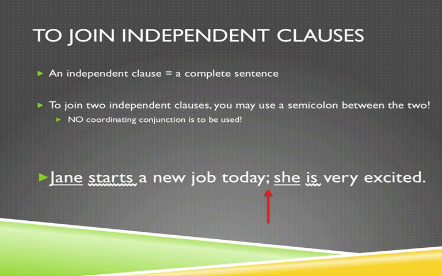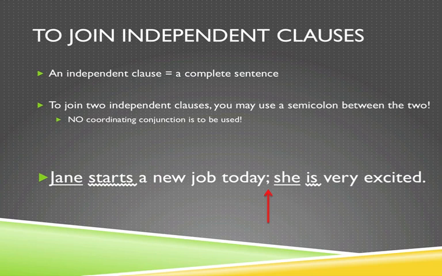For example, Jane starts a new job today; she is very excited. Now, each half of that sentence, to the left or to the right of the semicolon, could stand on its own. You could say, Jane starts a new job today, period. And then a new sentence. She is very excited.